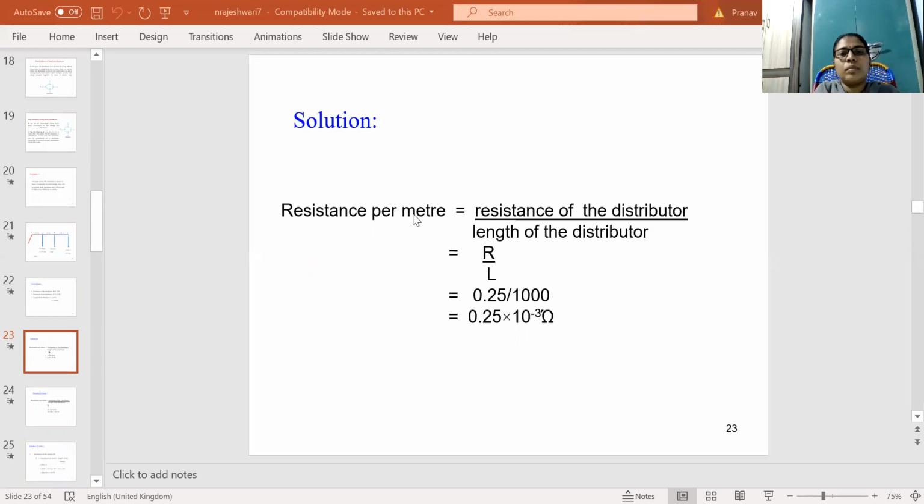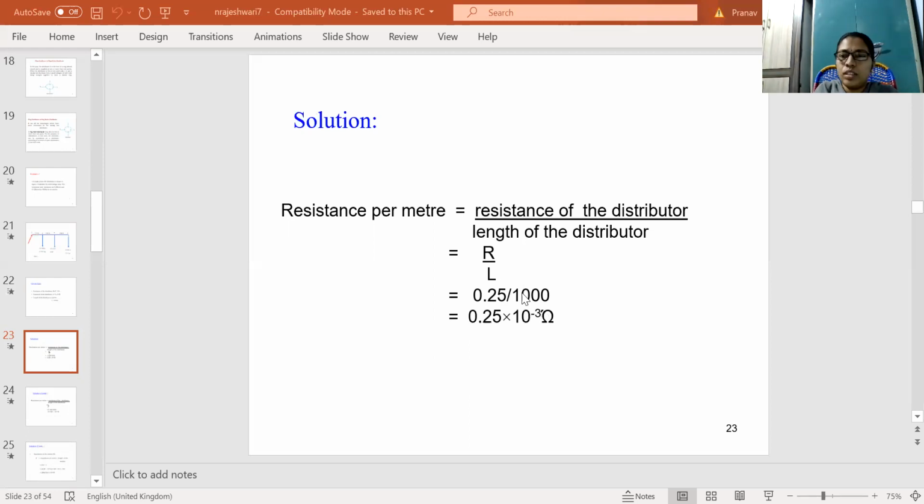So resistance per meter is equal to the resistance of the distributor per total length of the distributor, R by L, which is 0.25 divided by 1000 meters. So 0.25 into 10 to the power of minus 3 ohms is the resistance per meter.